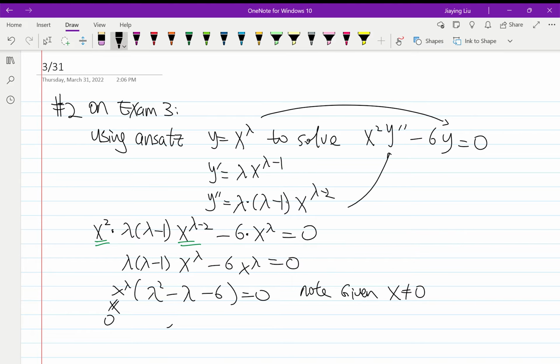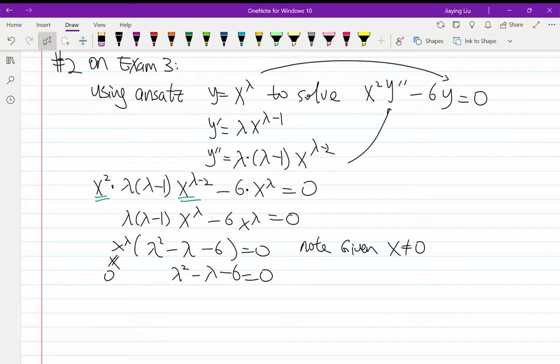Therefore, lambda squared minus lambda minus 6 must be 0. I just want to point out that the process is similar to what we did using e to the lambda x, but the terms are different, especially the second derivative. When we use the power rule twice, we get lambda times lambda minus 1 as a coefficient.